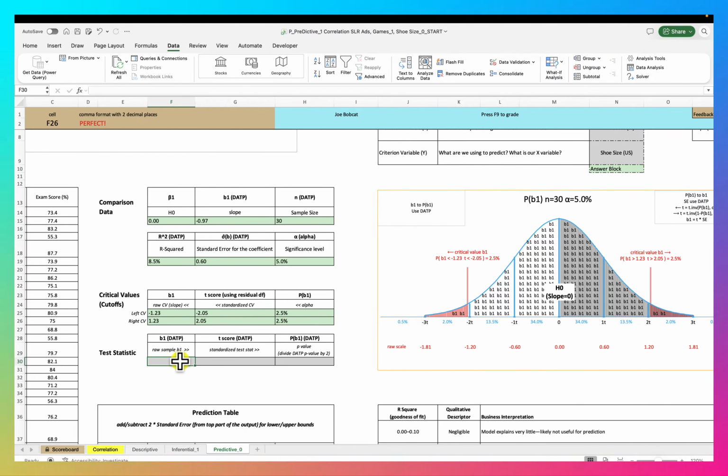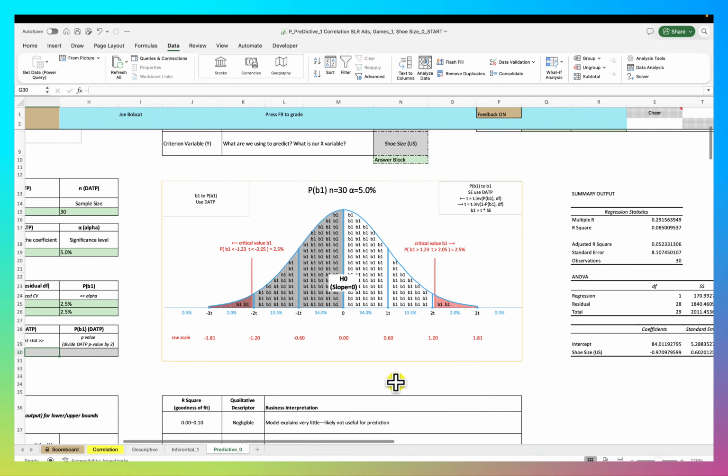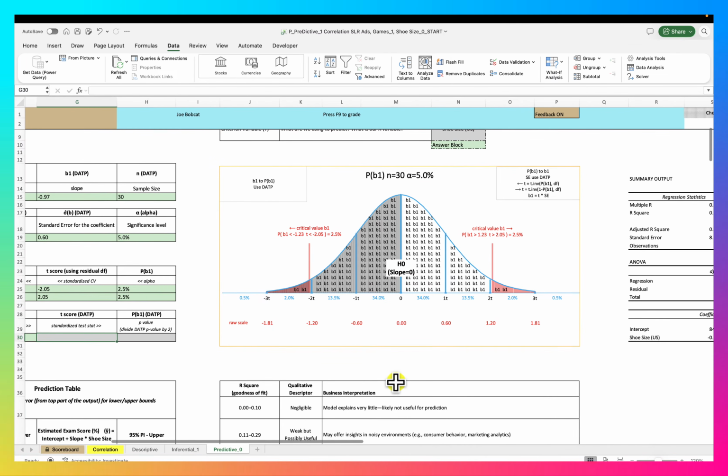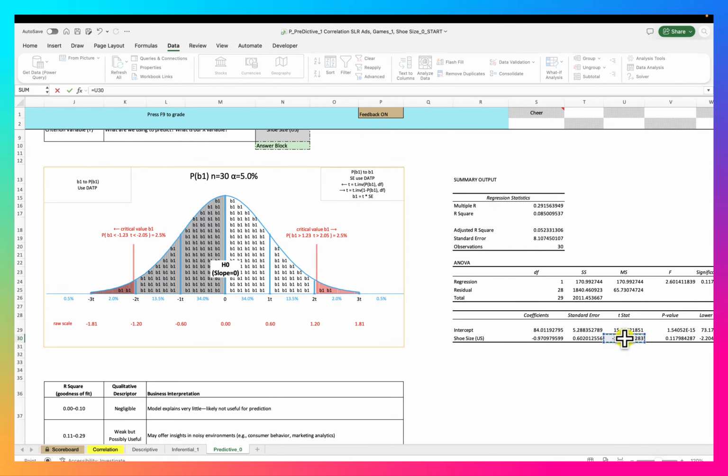And then our test statistic, we start out with that slope. And then the question is, okay, that slope has a t-score of what? Well, that's actually given here. There it is. So we start with an equal sign over here, and then go grab it right there, the t-stat.